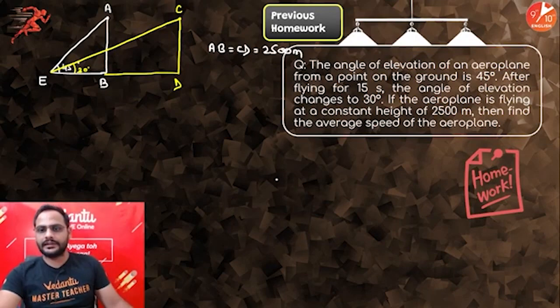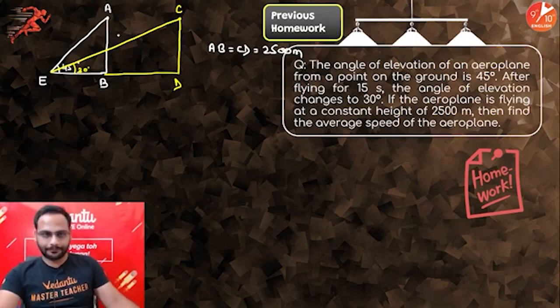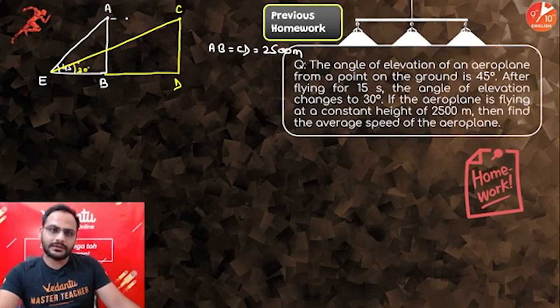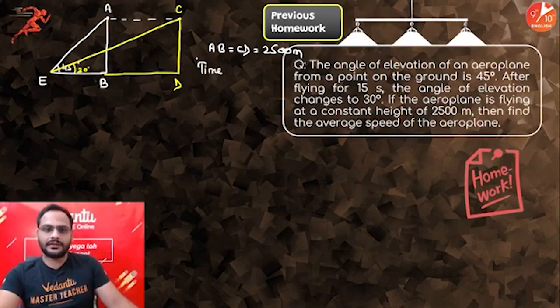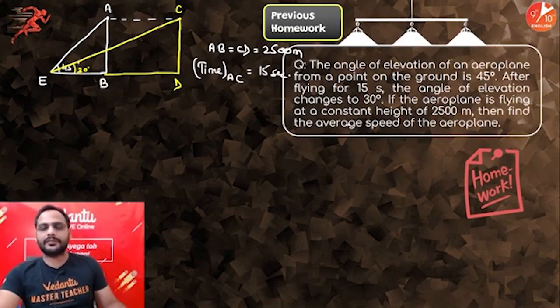Find the average speed of the aeroplane. It is given clearly that the time taken for the plane to travel from point A to point C is 15 seconds.